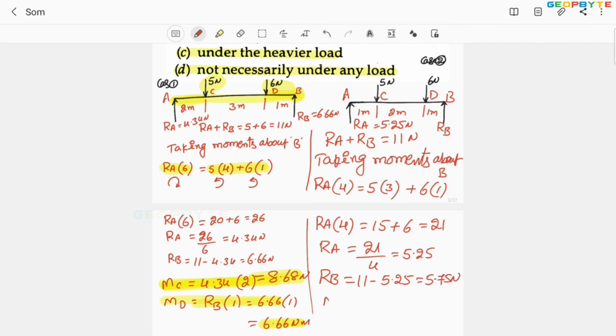Therefore, bending moment at C equals RA into the distance up to C, which is 1 meter. So RA equals 5.25 into 1, equal to 5.25 Newton meter.